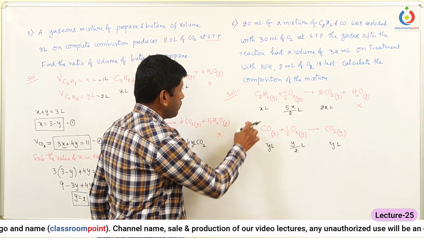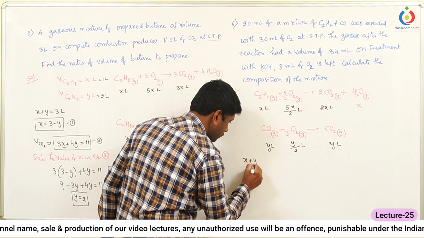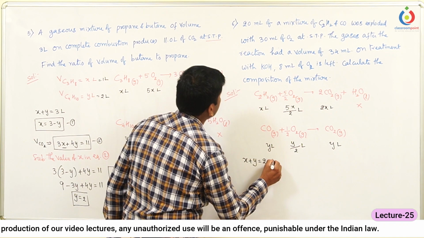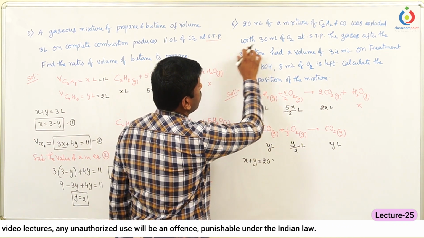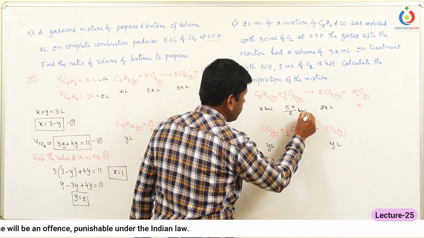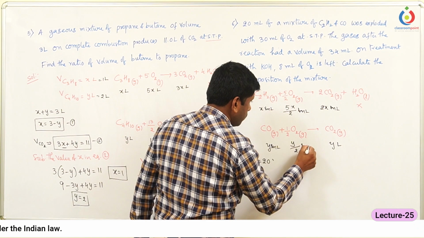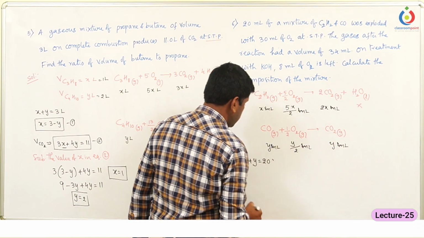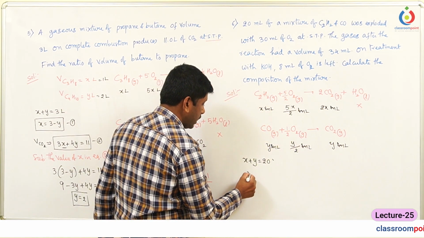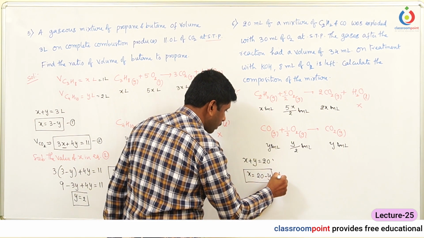Now x plus y is equal to 20 ml. Here they have given everything in milliliters, so we also change these units to milliliters only. So here also this is 20 ml. So x equals 20 minus y. Equation 1.